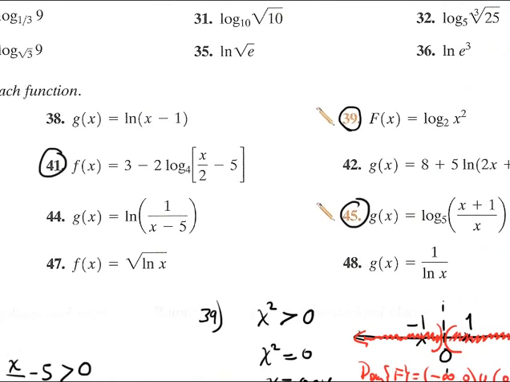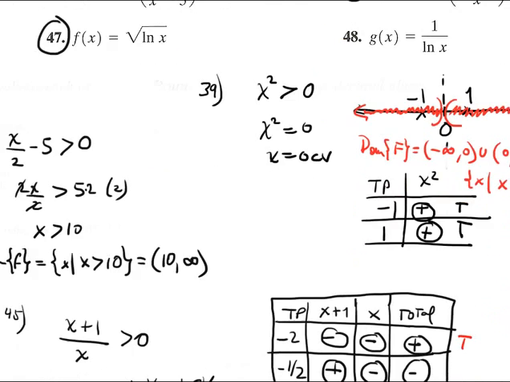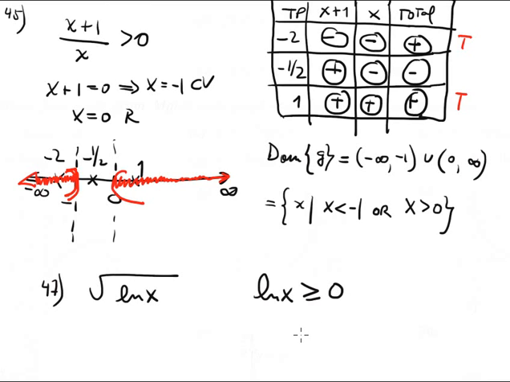Now let's see 47, the last one. 47 is the square root of the natural logarithm of x. So in this case we have two restrictions. What is the first restriction? The expression inside the radical must be greater than or equal to 0. The logarithm of 1 is 0.